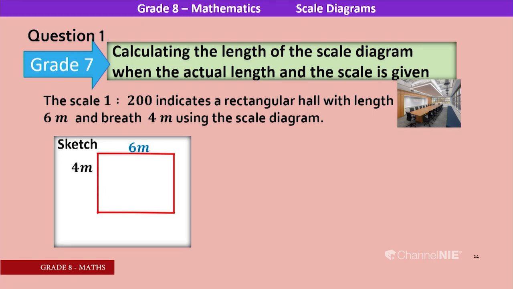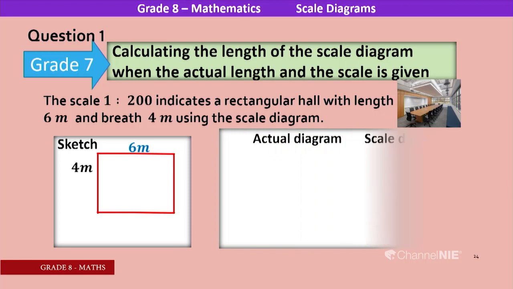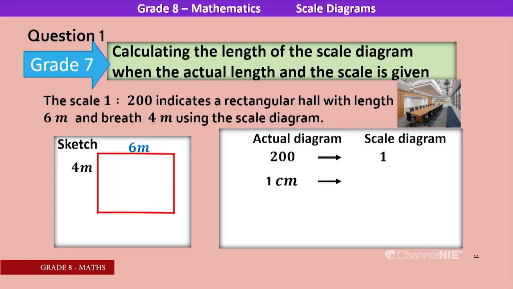6 meters, 4 meters. Actual diagram, scale diagram. Actual diagram 200 centimeters, scale diagram 1 centimeter. 200 to 1. Actual 1 centimeter means dividing both sides by 200, 1 over 200 centimeters. Then we want to find out 6 meters. 6 meters means 600 centimeters.